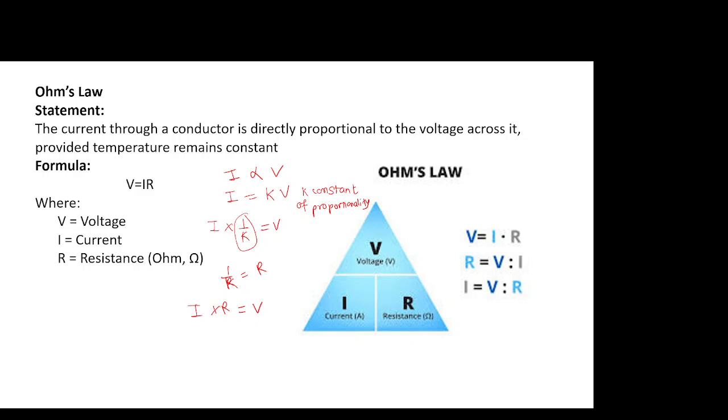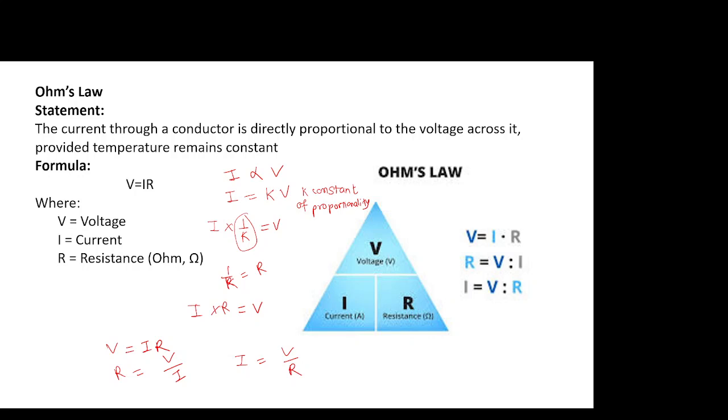For resistance, R is equal to V by I, and for current it is V by R. So by using Ohm's law, we can define the three formulas.